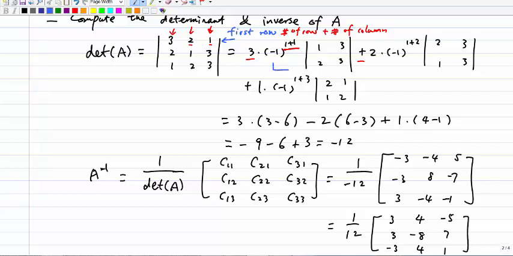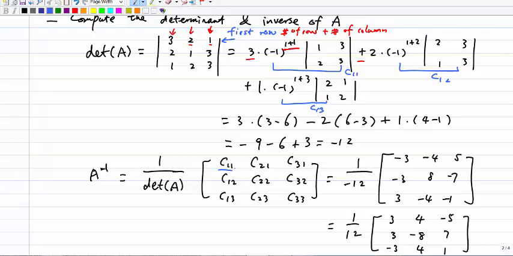This will be the cofactor, let's say, C11. You compute this as the first cofactor. This is the cofactor C12. This is the cofactor C13. Of course you can compute C21, C22, C23, and C31, C32, C33. This is called cofactors. We have computed 9 cofactors, one for each entry.